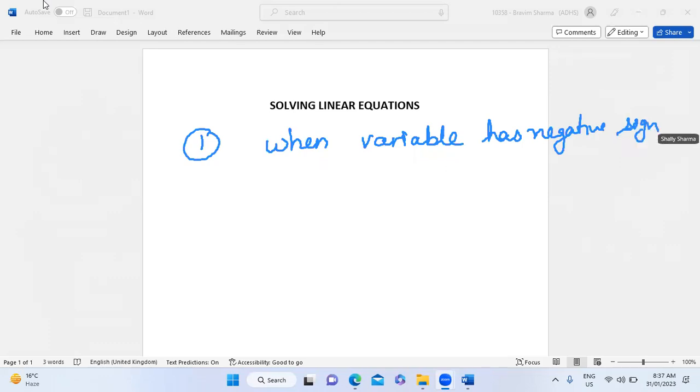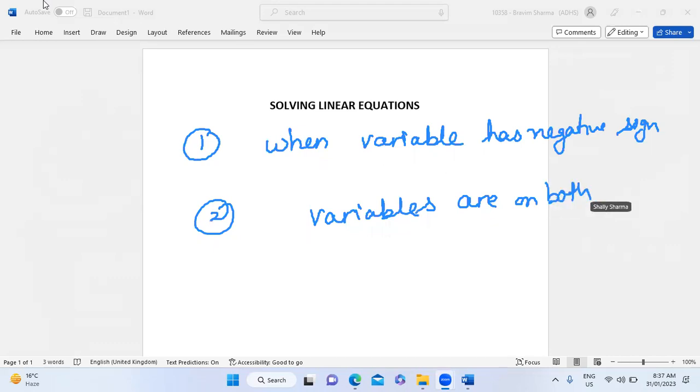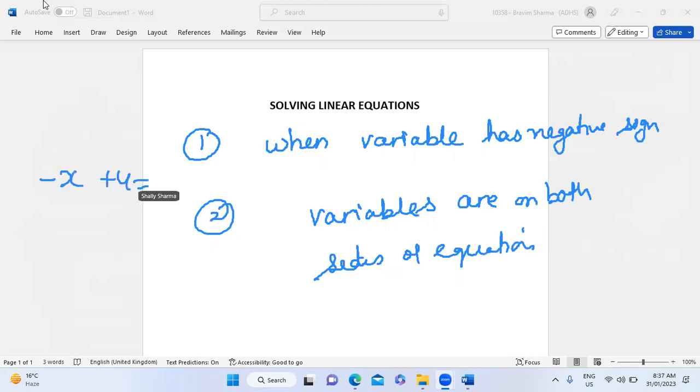And the second part will be when you have variables on both sides of the equation. I show you two equations. For example, you have negative x plus 4 equal to 3, and here it will be like 2x plus 5 is equal to 3x minus 4. So if you have such equations, there will be a video soon that I will upload about it. All right. Thank you.